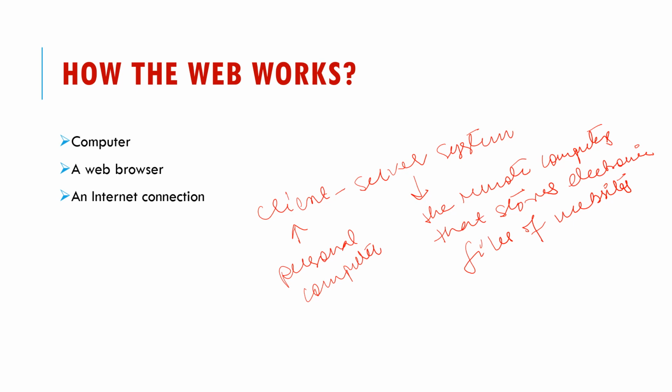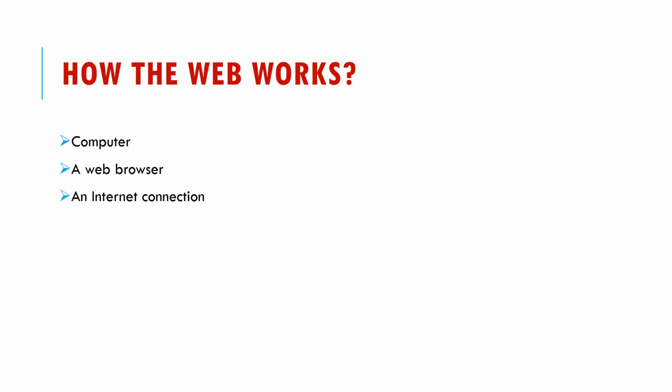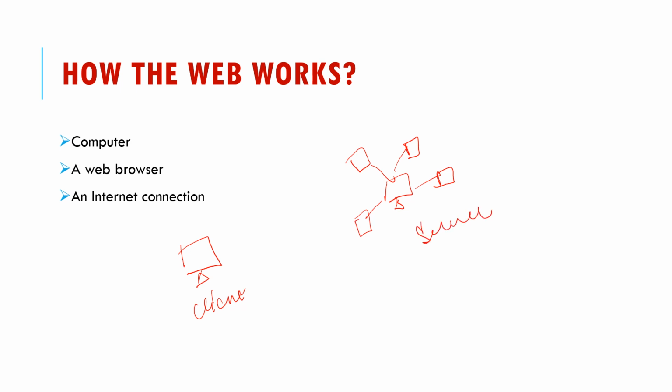Now, how does this client-server system work? Suppose this is the client computer, and this is the server computer having different data, different websites. Now, suppose the client at this end wants to see today's weather.